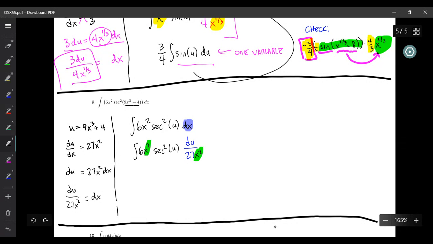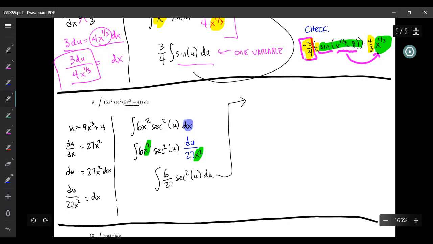6/27 you can pull out. Well, let me just leave it alone. Right, so 6/27 I can pull out and then clean up. This is a 2/9, if you divide the numerator and denominator by 3.